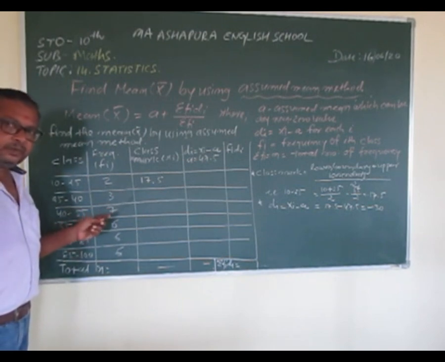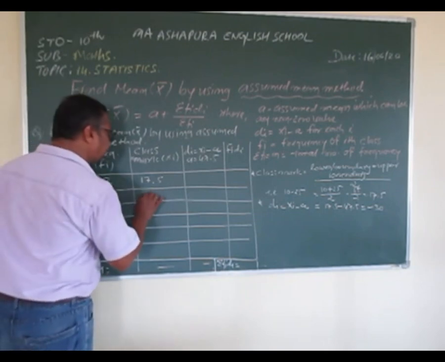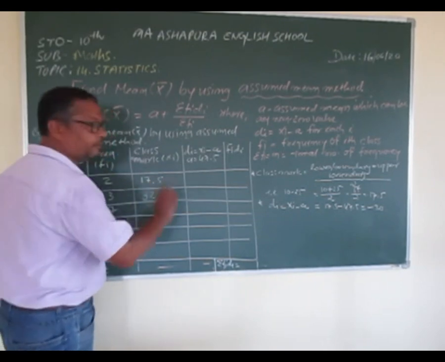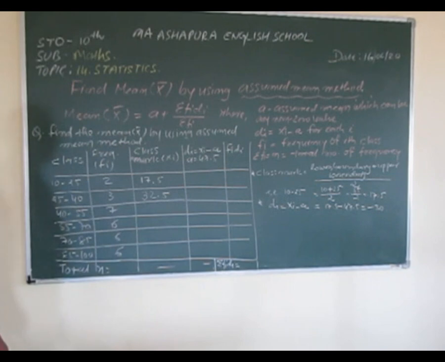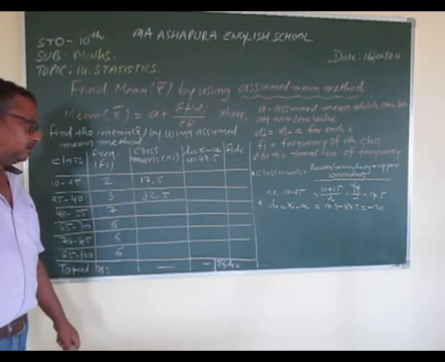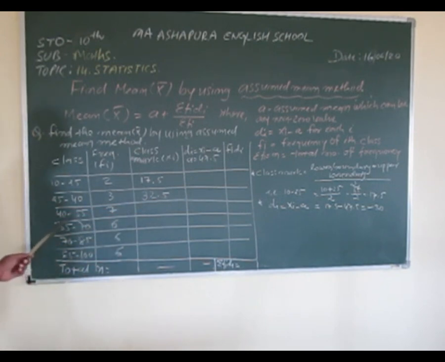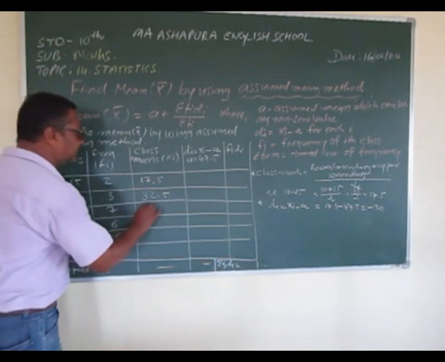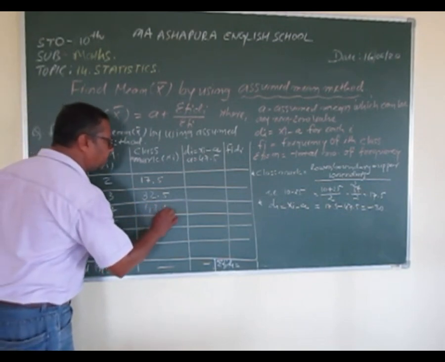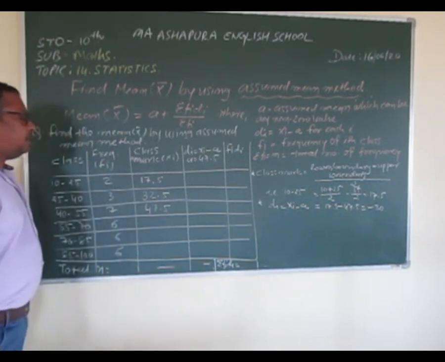So 17.5 plus 15, the width of the interval, we get 32.5. 32.5 is the class mark of the second class. Now again 32.5 plus 15, and we get the third class mark, 47.5.